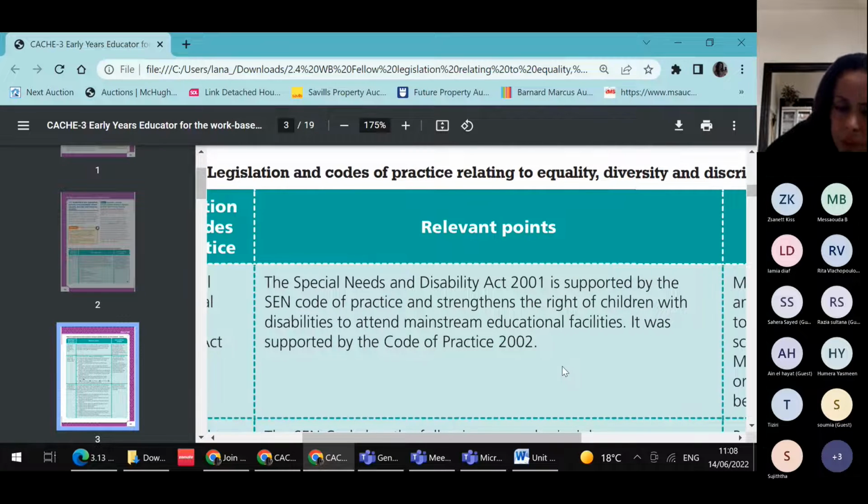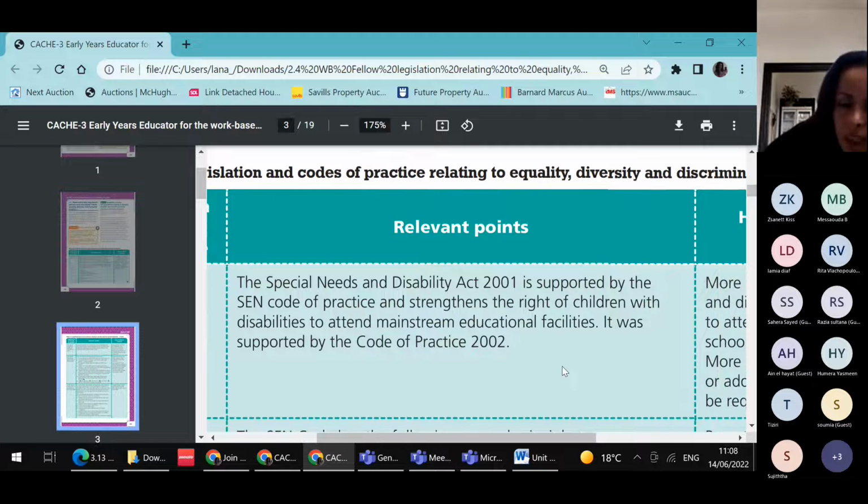Also, we have the Special Educational Needs and Disability Act 2010. What is this all about? The Special Needs and Disability Act is supported by the Special Educational Needs, SEN, Code of Practice.